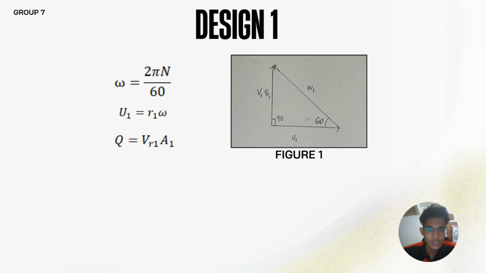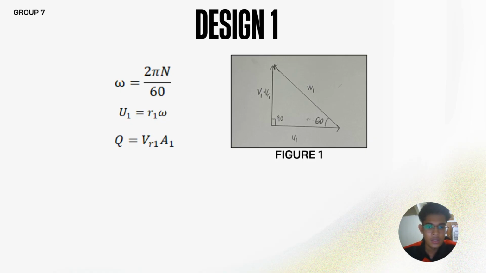and for the angular velocity, we use the formula 2 pi N over 60, where N, we already set the parameter, is equal to 2500 RPM. And after that, it gives the value of 261.80 radians per second.